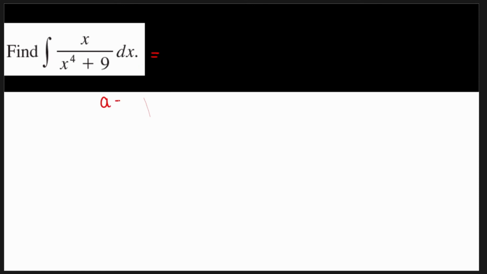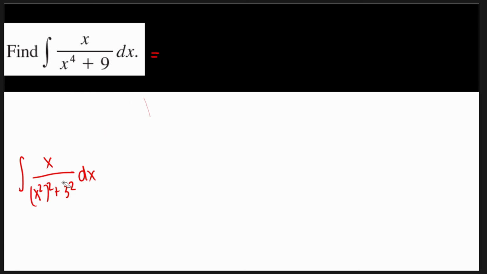a here is 3. We know that this is 3 squared, and our x for here should be x squared, right? So that is equivalent to the integral of x over x squared plus 3 squared dx, right?